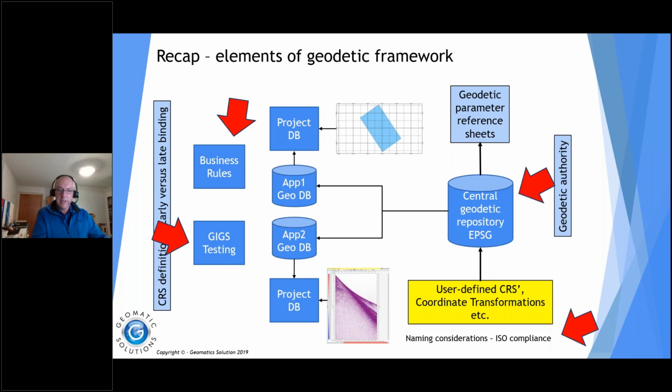And we have the GIGS testing to make sure that our applications actually do the right thing when we use them. And in the end, we have the automation and the actions that we defined as chains of methods that we use. That then make sure that we have geospatial integrity throughout the entire plethora of the applications that we use on a daily basis, at least in the oil and gas business.